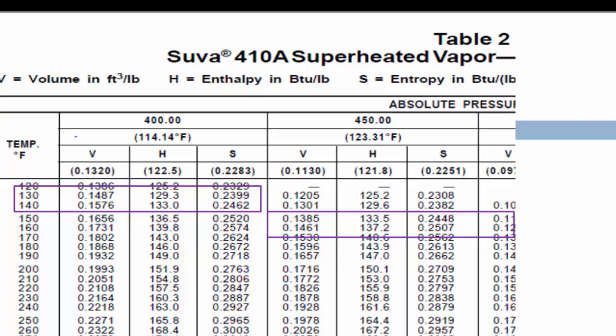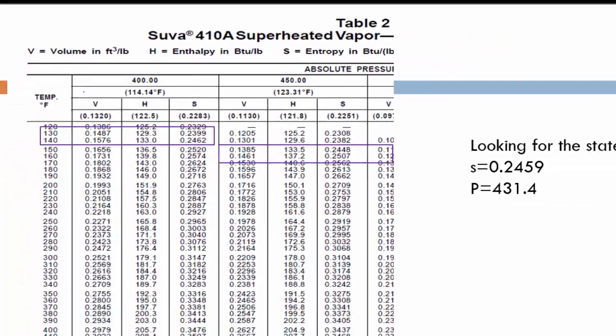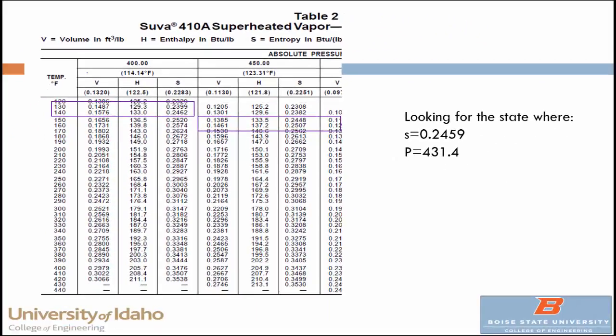So we have to interpolate between those two, find a temperature between 130 and 140 at 400 psi, and that's associated with our known entropy, and then find another temperature between 150 and 160 that corresponds to the known entropy at 450 psi, and then interpolate between those two temperatures between 400 and 450 to the known pressure of 431. Kind of confusing, but it's the kind of thing that makes more sense once you do it.